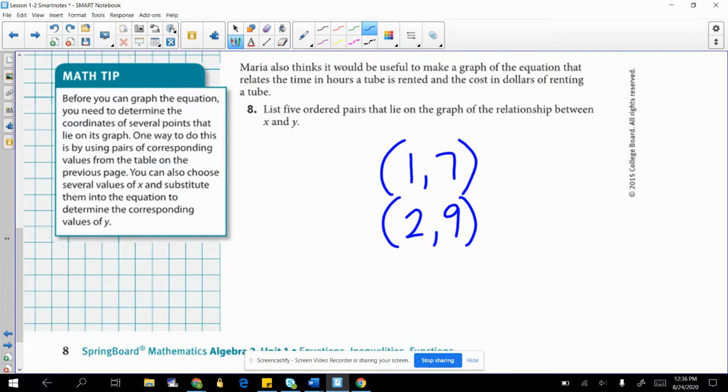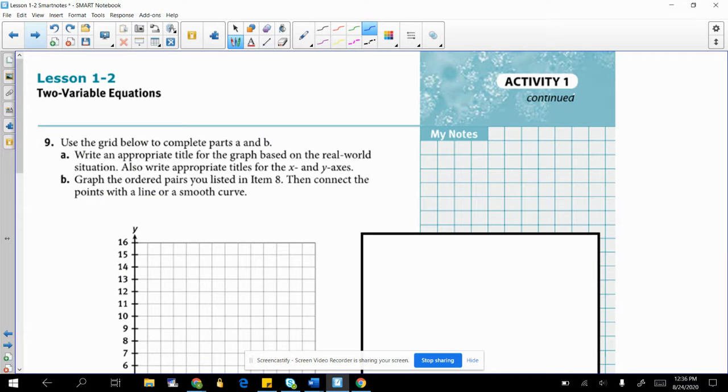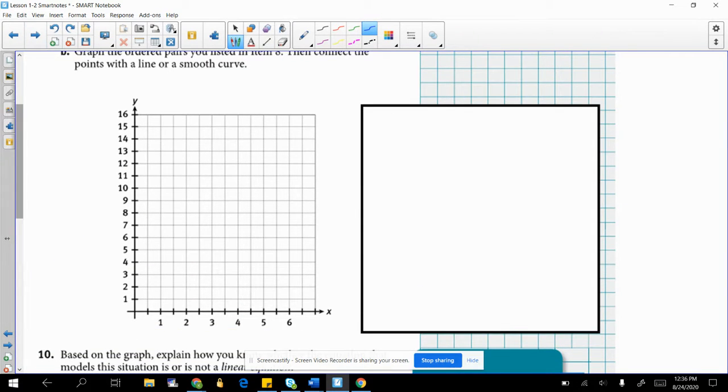Okay. So then if we go to graph on the next page, we could obviously go and plot those points. So like I said, we had (1, 7), (2, 9), and so on and so forth.